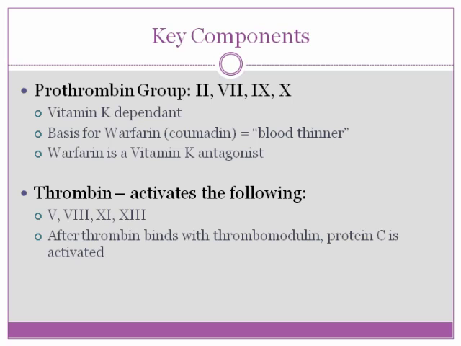And then lastly, I wanted to mention thrombin. Thrombin has a lot of roles in our body. You saw that it's in both pathways, and it helps us activate fibrinogen, which is factor 1. And I didn't list that on here, but factor 1 is activated by thrombin, as you saw in those pathways. But it also activates a lot of other things. It activates factor 5, 8, 11, and 13.